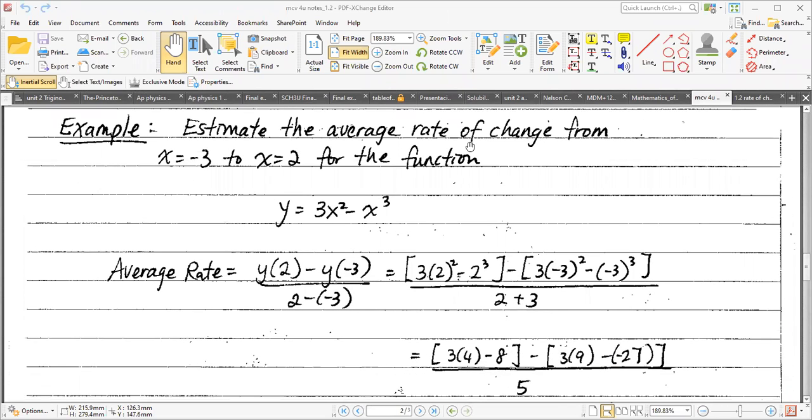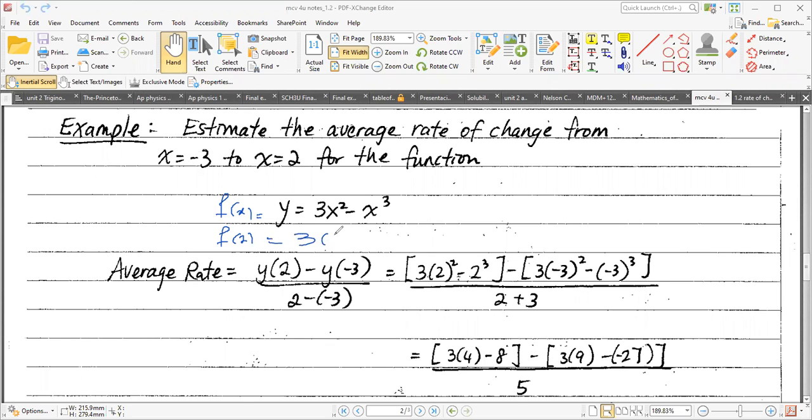Here, estimate the average rate of change from x equal to negative 3 to x equal to 2. So it's easy, y2 minus y1, the y at 2 minus the y at negative 3. So f of 2 minus f of negative 3 divided by 2 minus negative 3. So to find f of 2, if this is your f of x, right? You want to find f of 2, which means instead of the x, anywhere you see x, just put 2.